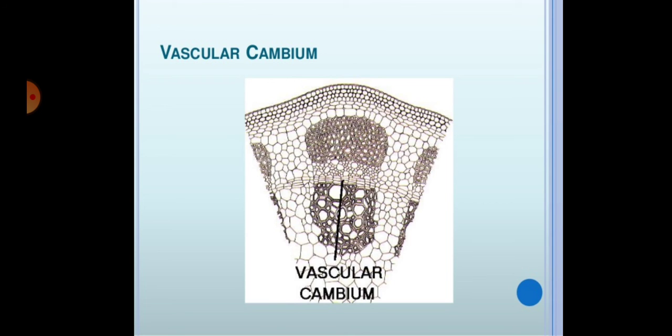This strip is vascular cambium. Xylem is here, this one is phloem, and this strip is known as vascular cambium.